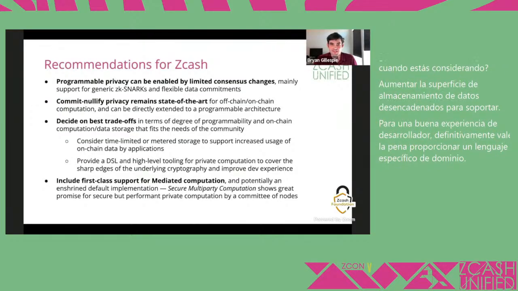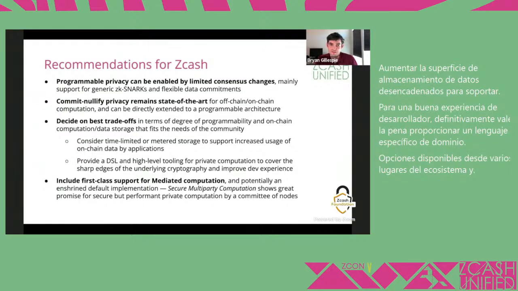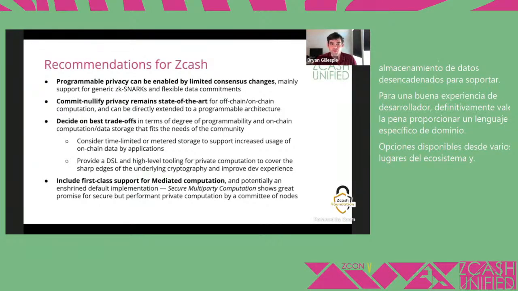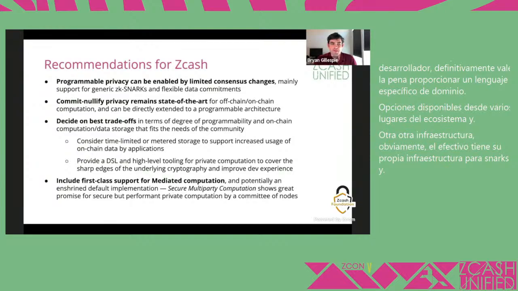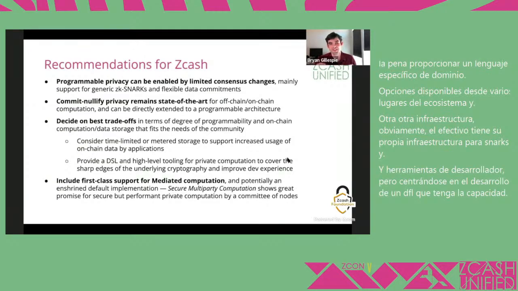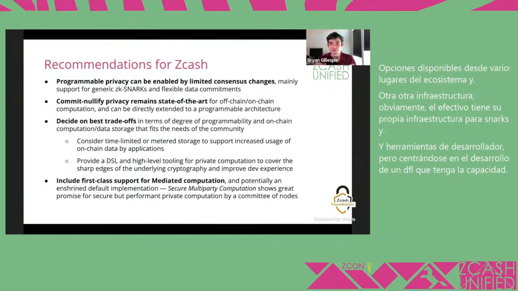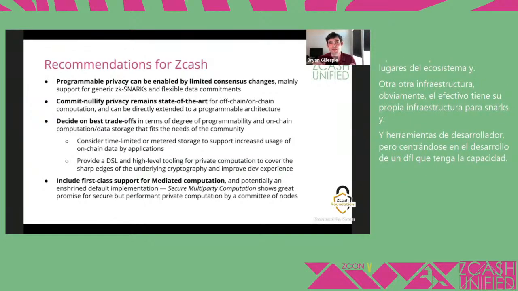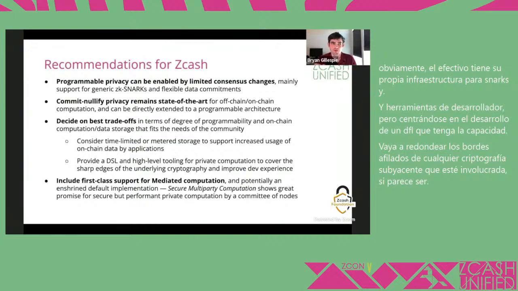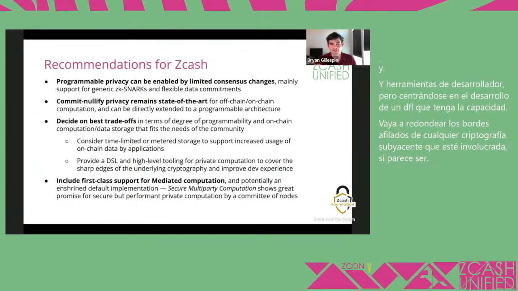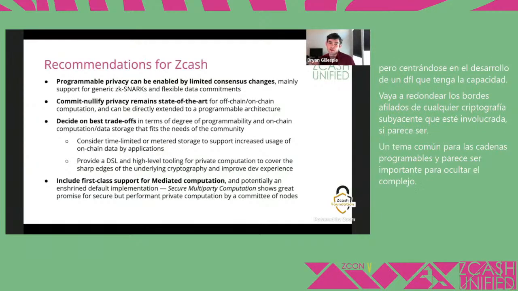Obviously, Zcash has its own infrastructure for snarks and developer tooling, but focusing on the development of a DSL that has the ability to round off the sharp edges of any underlying cryptography that are involved seems to be a common theme for programmable chains, and seems to be important to hide the complexity of the cryptography that's needed to implement these in practice.